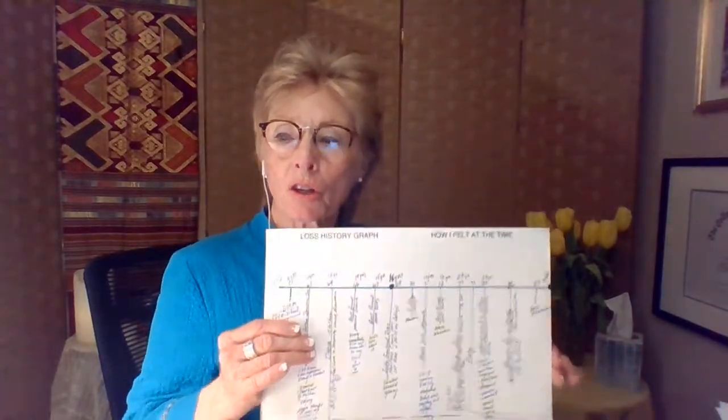Once you're done with your loss history graph, you're going to go back and look at any of those items that may have contributed to misinformation on how to deal with grief. Be strong, time will heal all things, replace the loss. And as I shared in my loss history graph, many of those same misinformation I received: don't talk about it, be strong, keep busy.